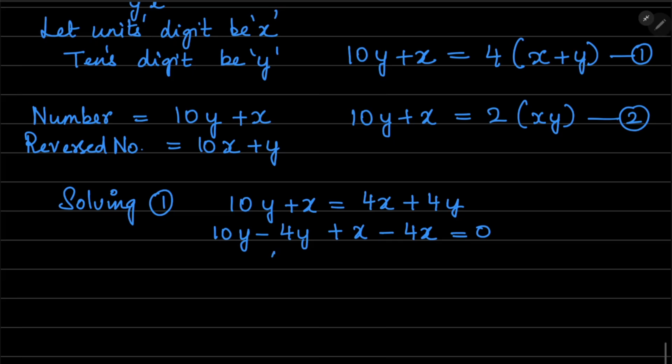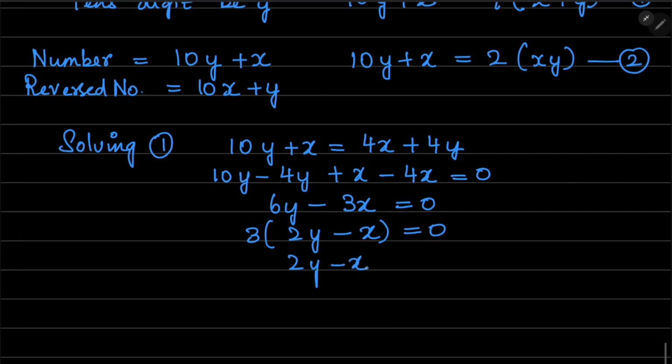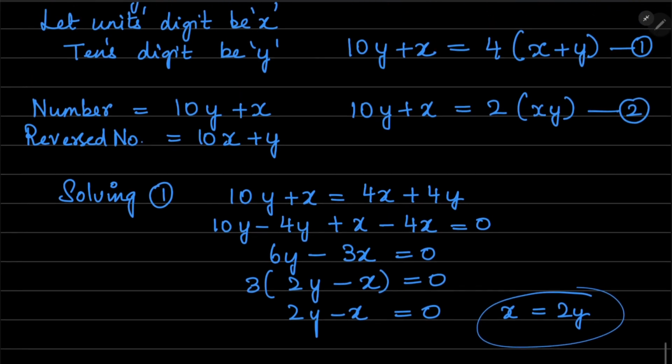What is 10y minus 4y? 6y minus 3x equals 0. Take 3 common out. So what do you get? 2y minus x equals 0, or I can write x equals 2y. This is from simplifying equation 1.